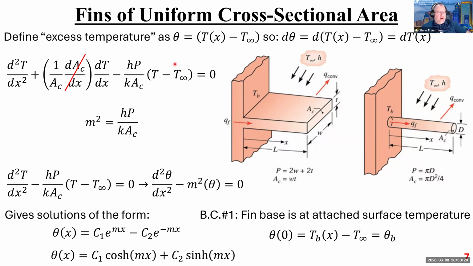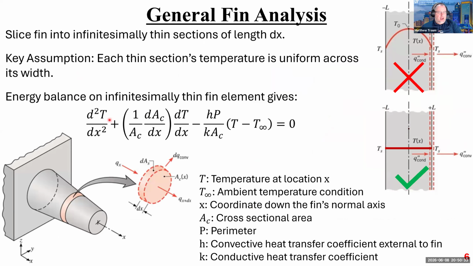In the situation where we have fins of uniform cross-sectional area, in the fin equation, there's this middle term here. Let's go back. You recognize this, right? That's the conductive heat flux. This is a term that gets multiplied by the first derivative of temperature and accounts for the change in the cross-sectional area as a function of x.